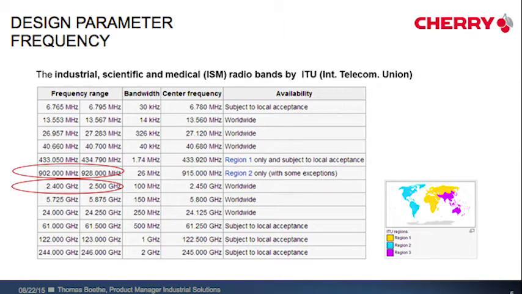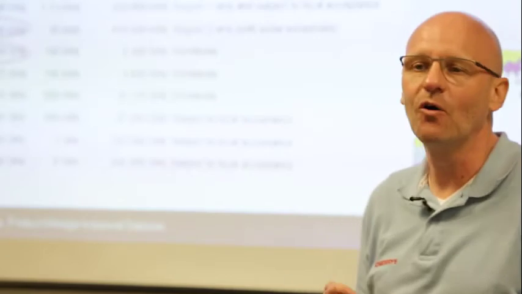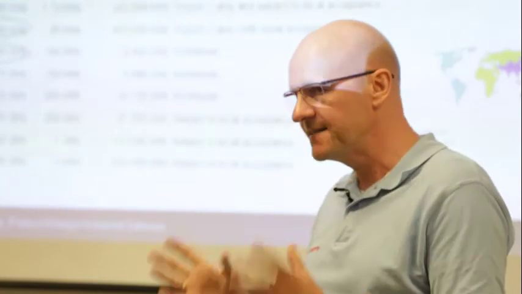Frequencies for RF systems are regulated by the so-called ITU. The ITU is the International Telecommunication Union, and they defined all RF bands. They call them bands.